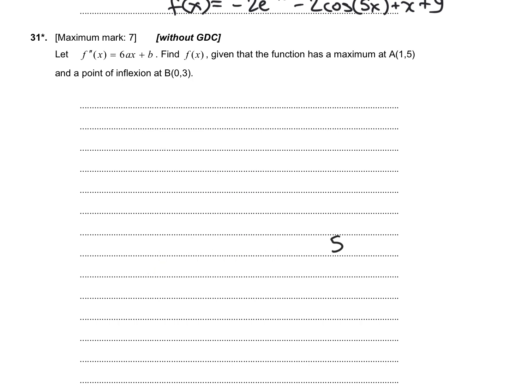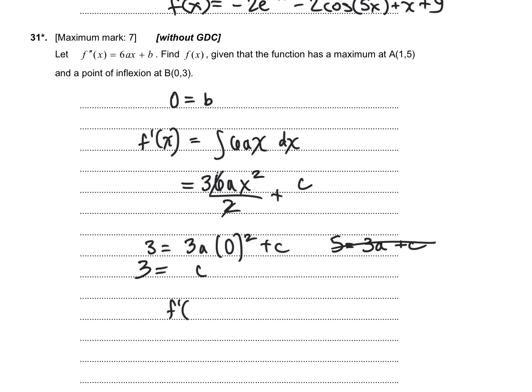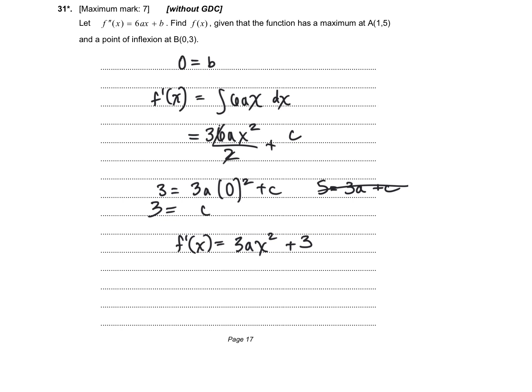If we would use 5 equals 3a times 1 squared plus c, yeah, that doesn't get rid of the a, does it? So that's not helpful. Okay, so now we have the first derivative is 3ax squared plus 3, and we wouldn't obviously use this one because that will get rid of the x.